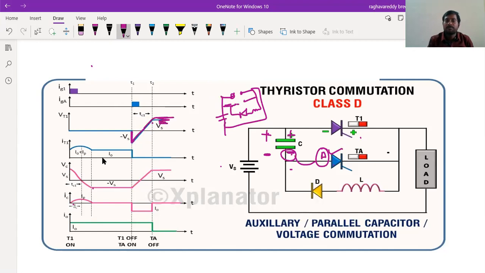The voltage across the capacitor is negative, discharges through the auxiliary thyristor, and again picks up the voltage as positive and negative, which is constant. Whatever voltage appears here, the voltage across the capacitor is equal to the voltage across the thyristor T1, which is equal to Vs.